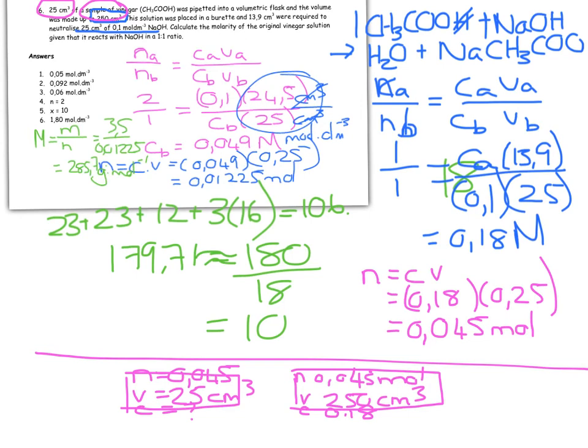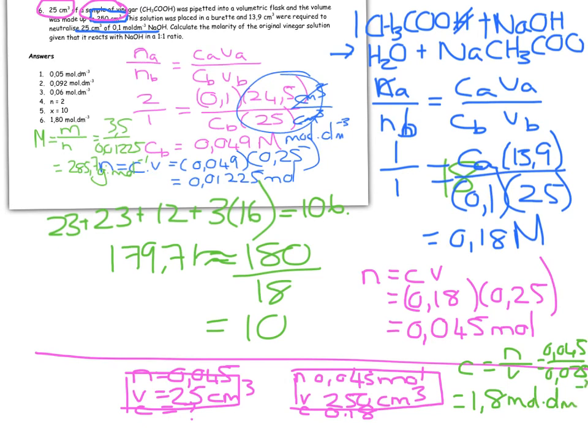When I take the concentration is equal to number of moles divided by volume, which is equal to 0,045 divided by 0,025, I land up with a concentration that is equal to 1,8 moles per cubic decimeter.